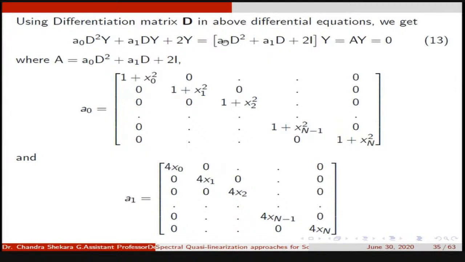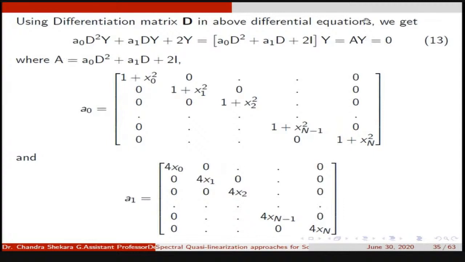This will be evaluated at the collocation points. Therefore a0 and a1 impact only the diagonals, so we can write that a0 is a diagonal matrix like this, and a1 is a diagonal matrix like this. Therefore A is equal to a0 times D squared plus a1 times D plus 2I, which is a differential matrix.